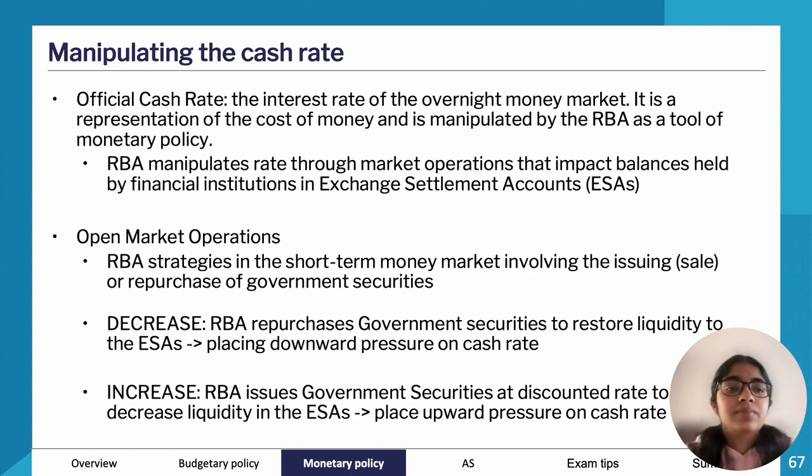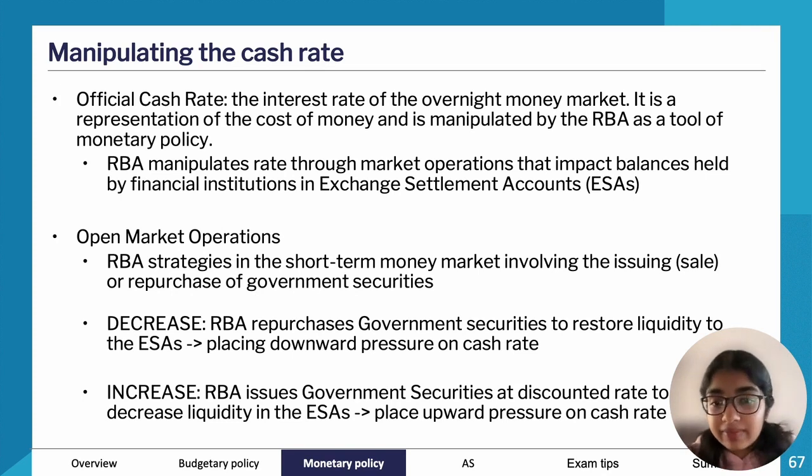So let's say open market operations: the RBA often sells or buys government securities, so government bonds, right? And that's a way of changing the credit in banks. If we were going to decrease the cash rate, the RBA buys the government securities, right?